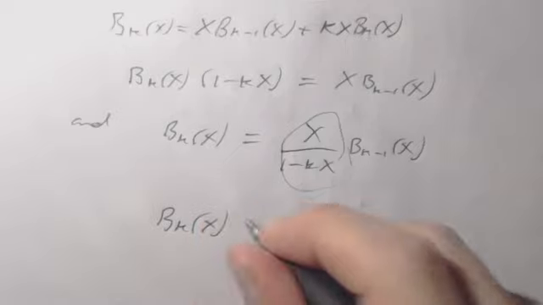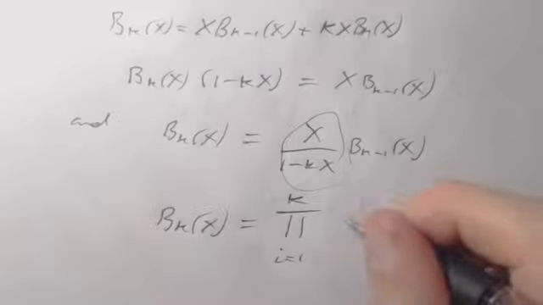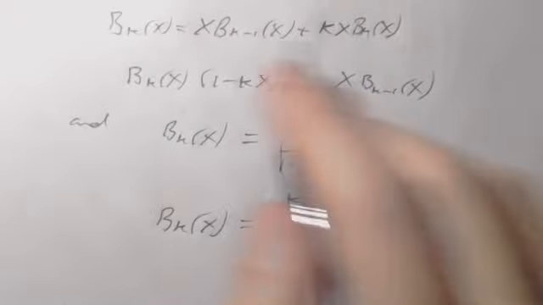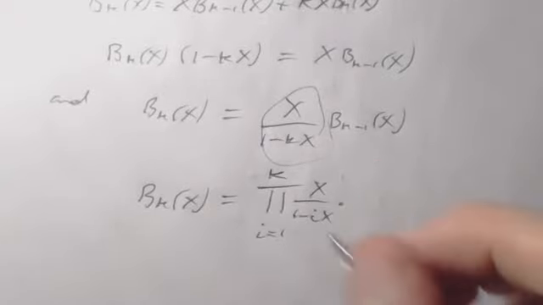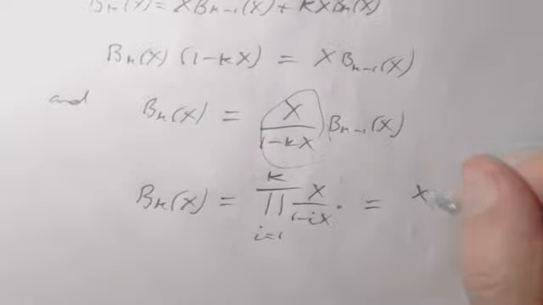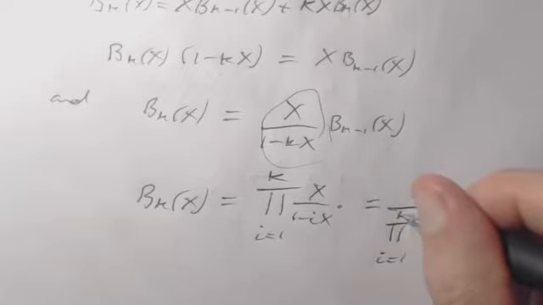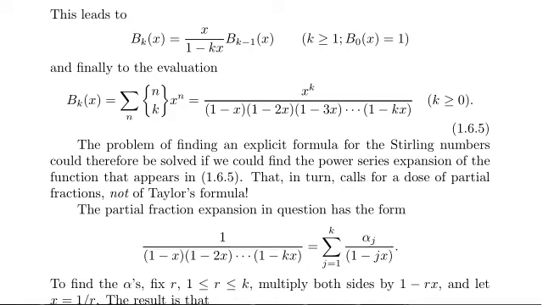So it's going to be b_k(x) equal to the product from i equals 1 to k of x over 1 minus ix, times b_0(x), which was 1, so I'll just leave it out. So this is x to the k over the product from i equals 1 to k of 1 minus ix. And this holds for all k greater than or equal to 0.